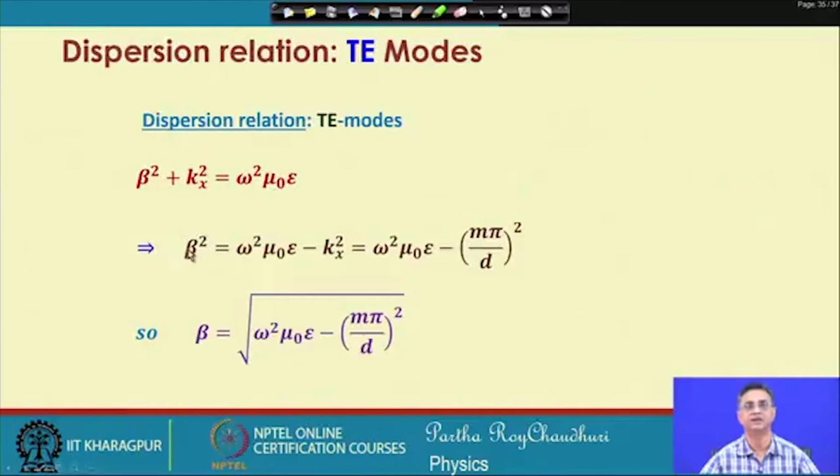This tells you the allowed values of the propagation constant, which include m equal to 1, 2, 3, etc. This gives beta equal to the square root of omega square mu naught epsilon naught minus m pi by d squared, where m can assume the values 1, 2, 3, etc.